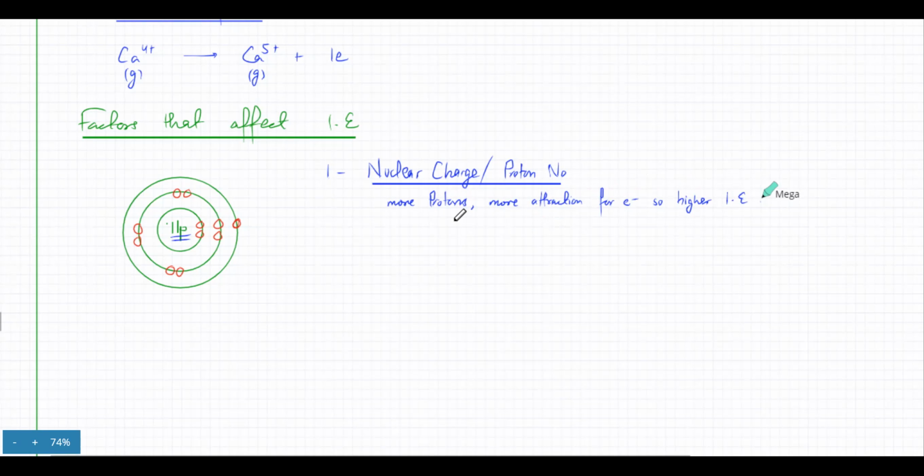So that's factor number one. Then there are 4 more factors. Factor number 2 is called the distance, or you can call it the atomic radius, or the distance of the electron from the nucleus.